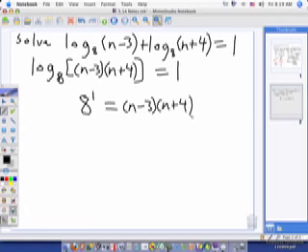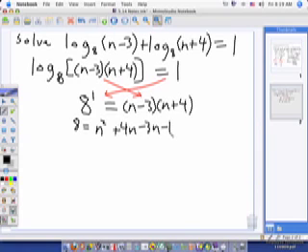We're using our inverse property, so we're switching our inputs and outputs. Then all we need to do is simplify it and solve it. So we get 8 equals, let's see, n squared, distribute the n, first n here. So n squared plus 4n minus 3n minus 12.